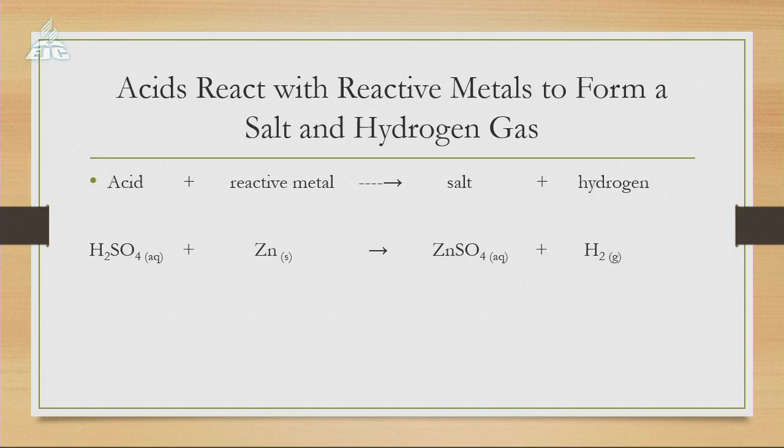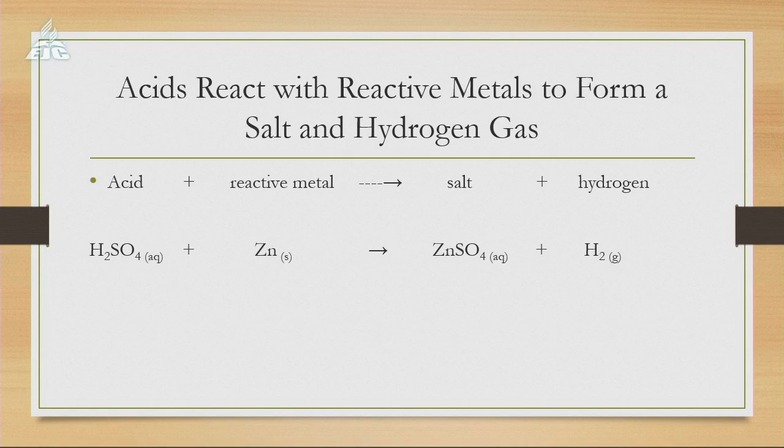Now we have an example here, and then I'll be giving you another one on the board. Let us look at this one. It says sulfuric acid, H2SO4, did you remember that one? Plus zinc gives us the salt being zinc sulfate and the hydrogen gas. So let us look at this again.